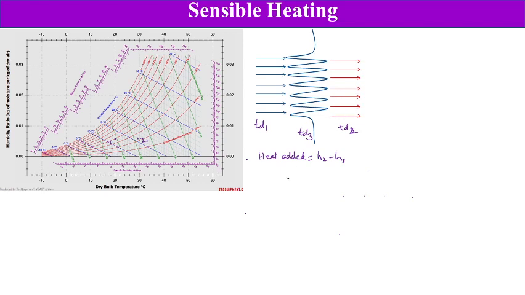Therefore, the heat added can be written as CPA, specific heat of air, into TD2 minus TD1.